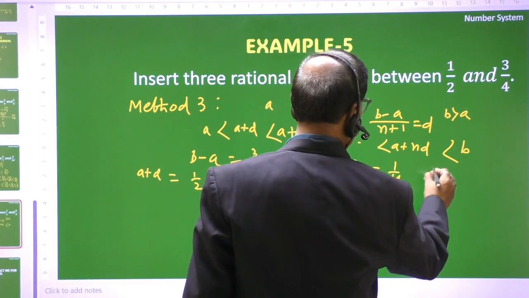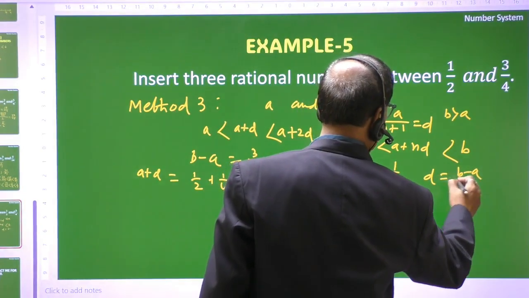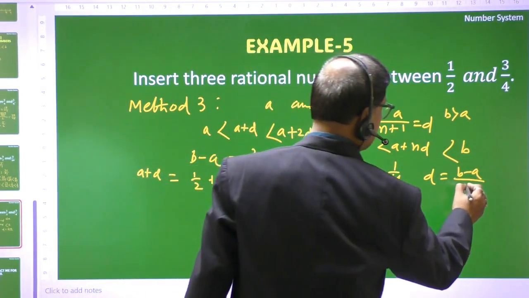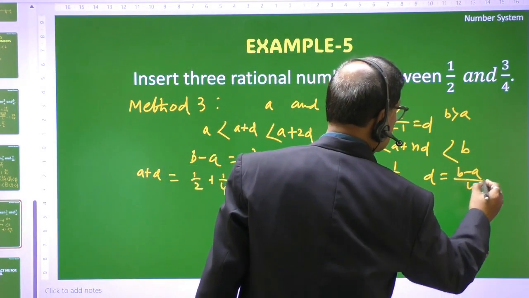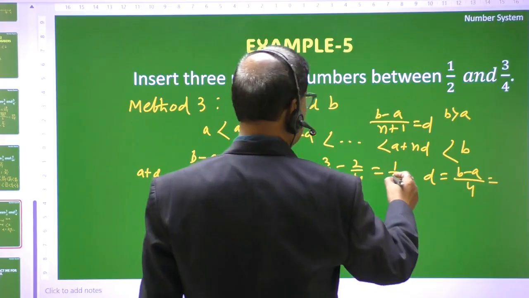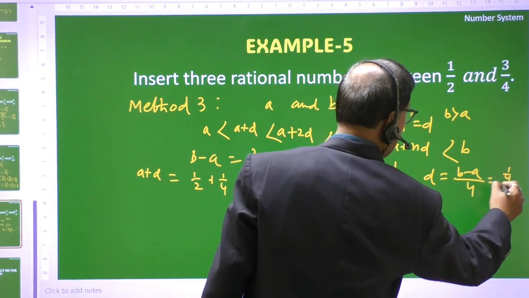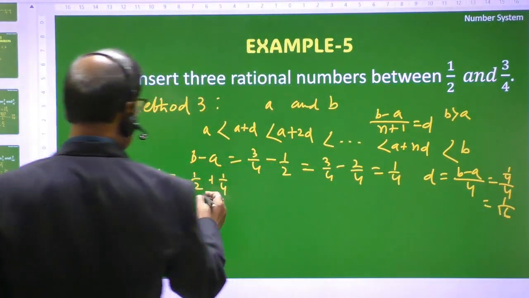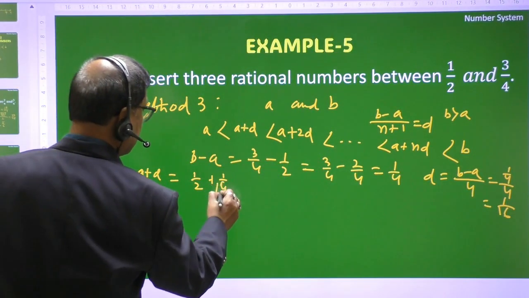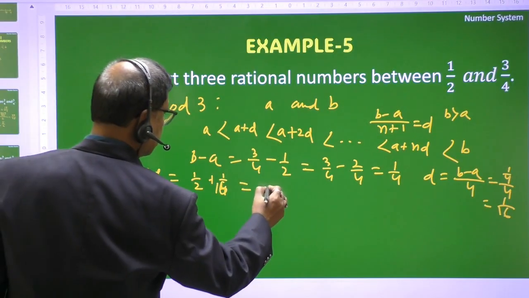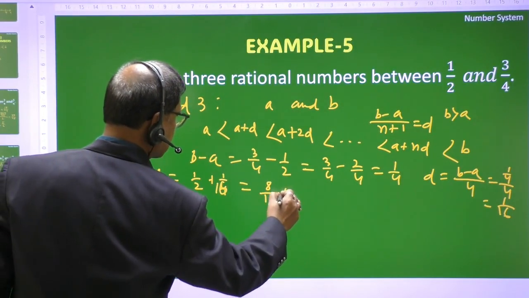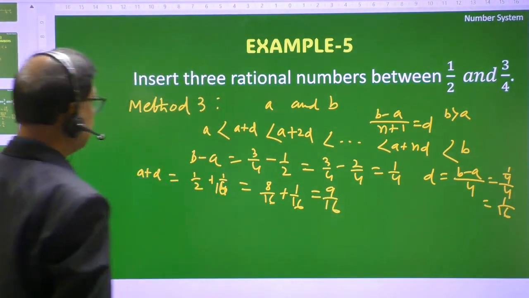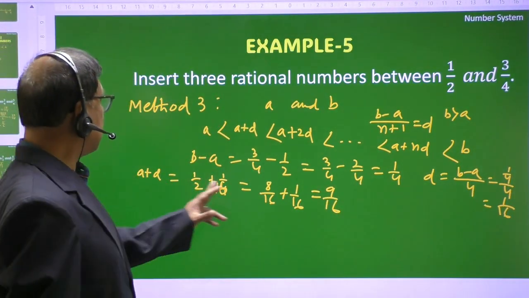So D value is B minus A upon n plus 1. n here is 3. That means 3 plus 1, 4. So 1/4 by 4, 1 upon 16 is the value of D. Half plus 1 upon 16 means 8 by 16 plus 1 upon 16, that is 9 upon 16. Yes. So this is the value of A plus D.